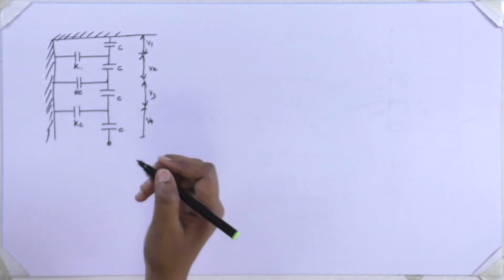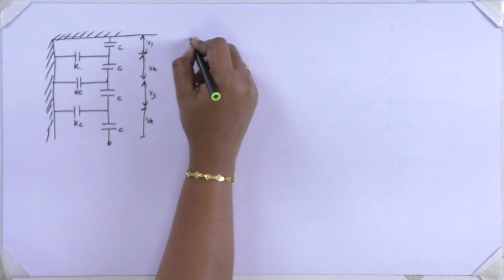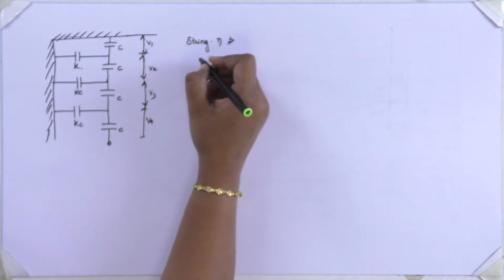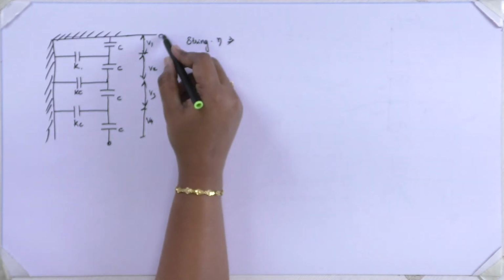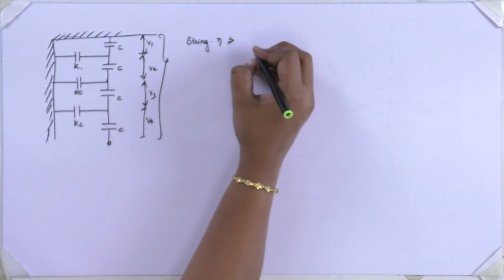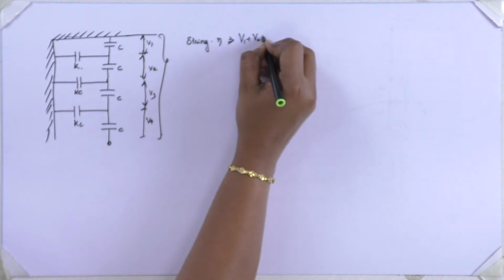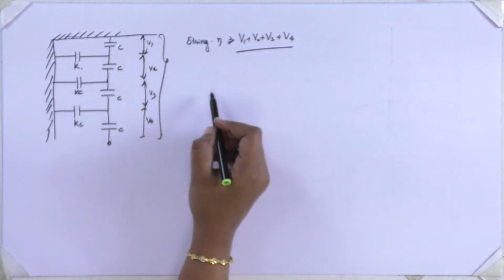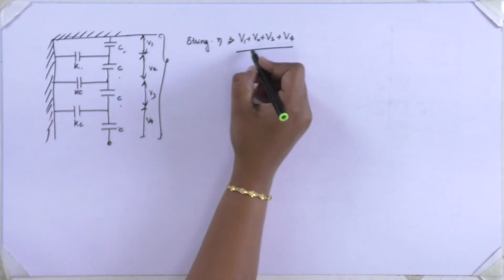Now my ultimate aim is to calculate string efficiency. For string efficiency, the formula needs the voltage across the string, which is V1 plus V2 plus V3 plus V4, divided by the number of insulators: 1, 2, 3, 4.